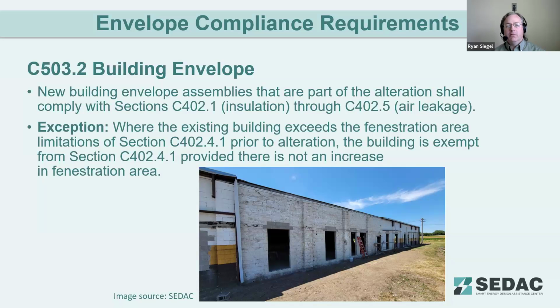The new fenestration does need to meet the U-factor requirements, but you do not have to downsize the fenestration in order to get it under that 30 percent limit. So in this picture, where we have some fairly large windows, the code does not require those to be downsized to meet the 30 percent, but you cannot increase the window area.